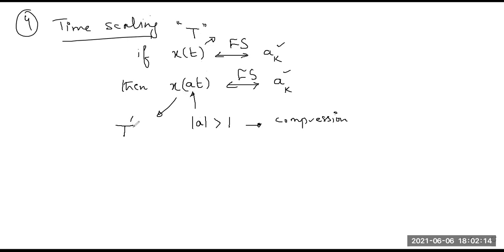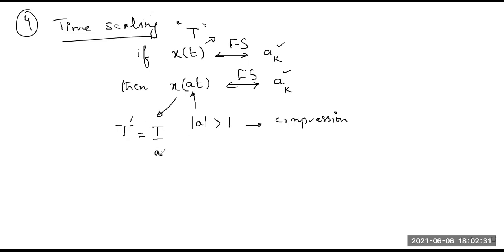Let me call it T dash. And what is going to be the relationship of T dash with this capital T? It will be equal to capital T divided by a, because the signal is going to be compressed. When the signal is compressed, the time period will reduce.